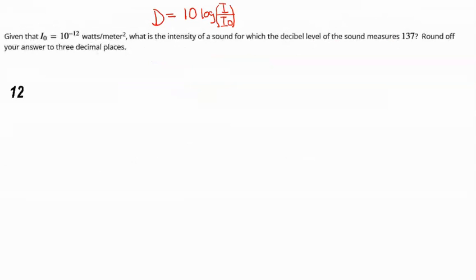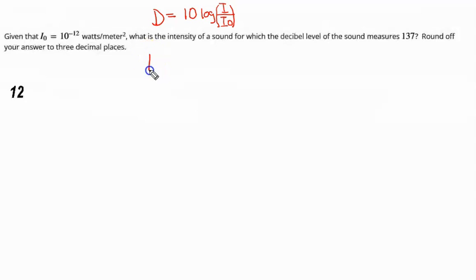Now the last example we're going to do is this item 12 here. And I found that of all, this was the most challenging because they already know the decibels. When we did our flipped classroom lesson, we didn't know decibels. We just had to do this part. So this is sort of a reverse. So let's fill this in.